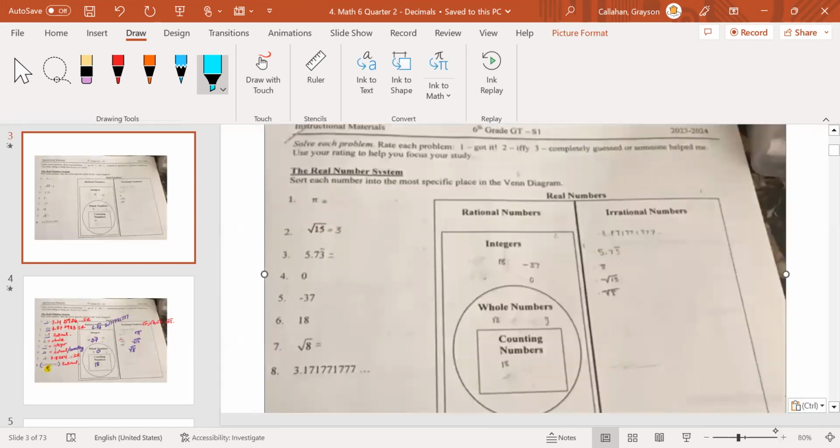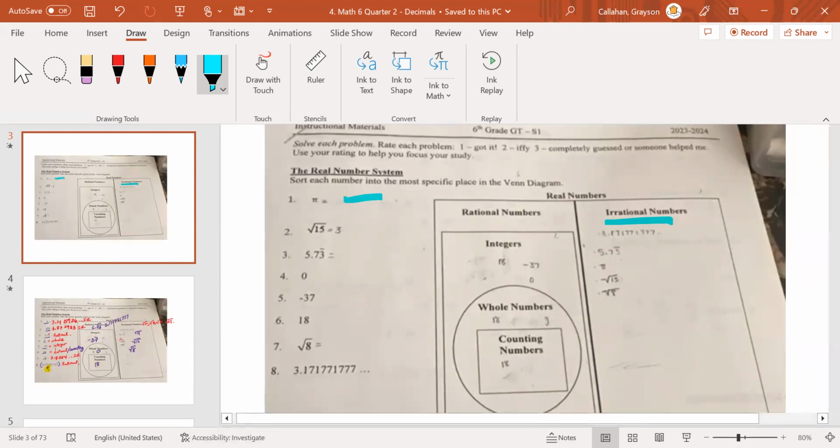What do you think that's going to be, Grayson? Yeah, so it'd be under irrational, okay? Irrational. Square root of 15 is not 3. What is the square root of 15? If you're not sure, I'm not sure if you can use a calculator, but it is an irrational number. It's 3.8729. Do you see that? So in this case, this will also be irrational.